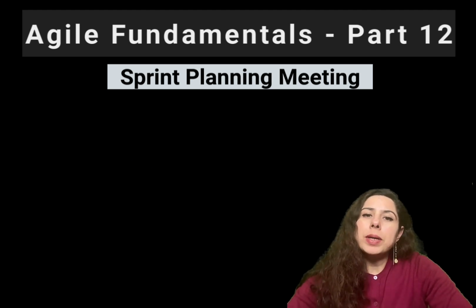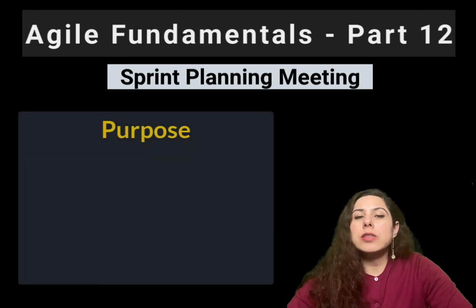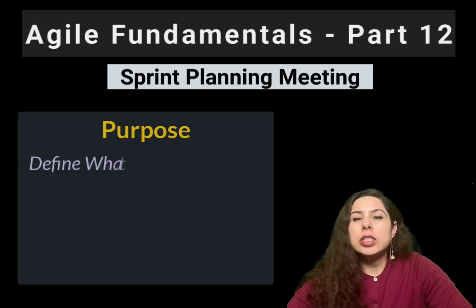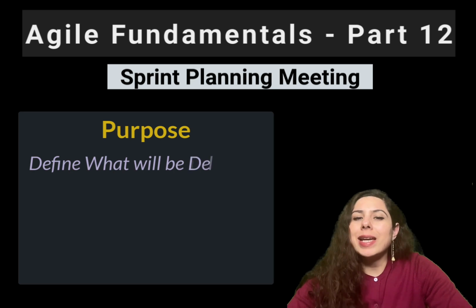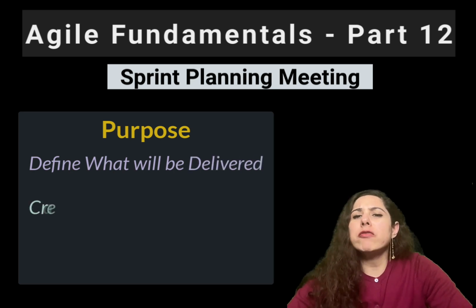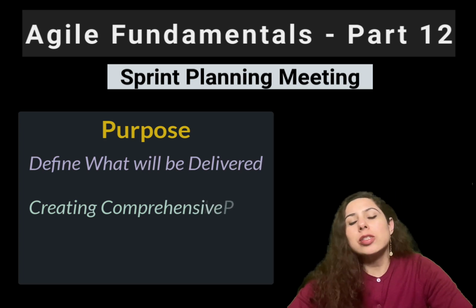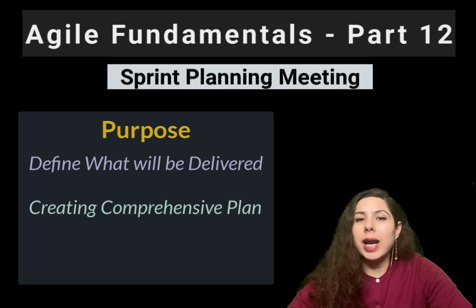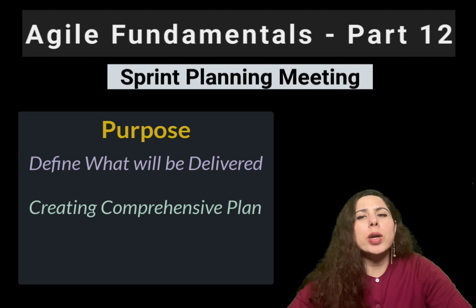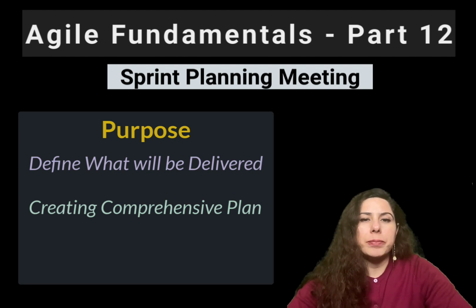The primary purpose of the sprint planning meeting is first to define precisely what will be delivered during the upcoming sprint, and secondly to create a comprehensive plan for achieving those goals. The Scrum team, which consists of a Scrum Master, Product Owner and the development team, comes together to collaborate in this meeting.